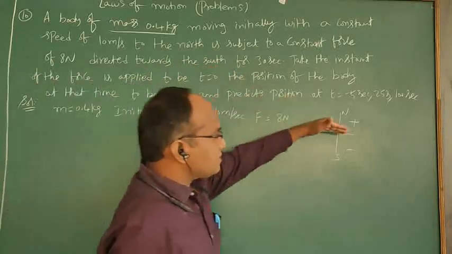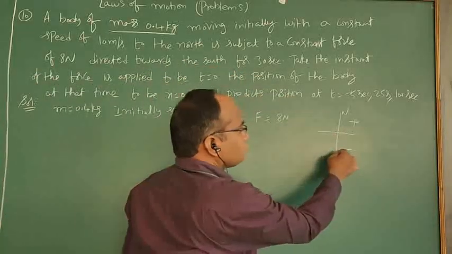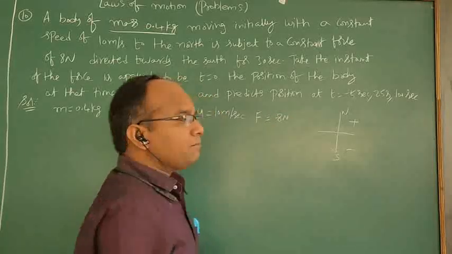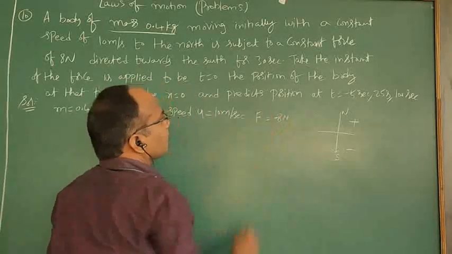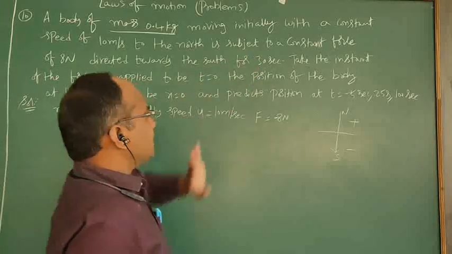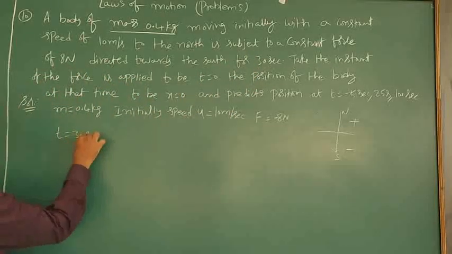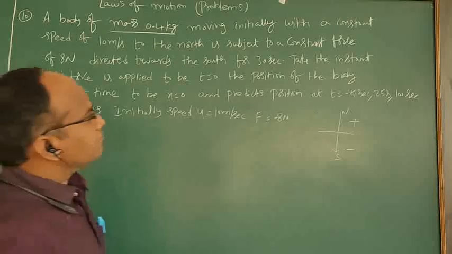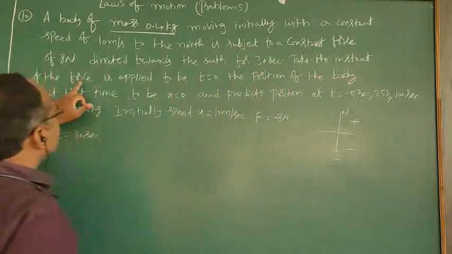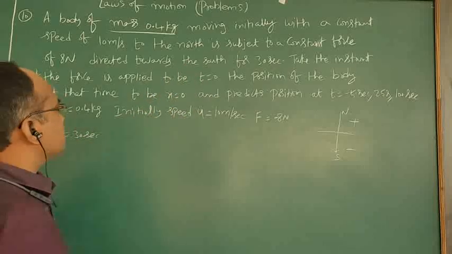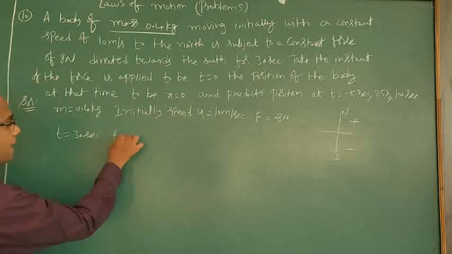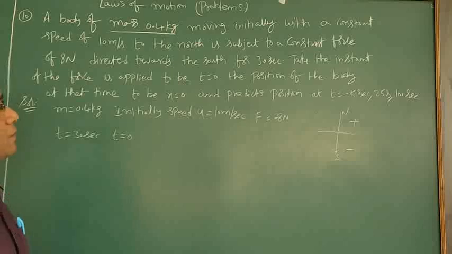Directed towards the south means south direction, so this is negative, that's why I am writing minus. Okay, for 30 seconds, how much they are given? Time t is equal to 30 seconds. Take the instant the force is applied to be t is equal to 0. When the force is applied, time t is equal to 0.